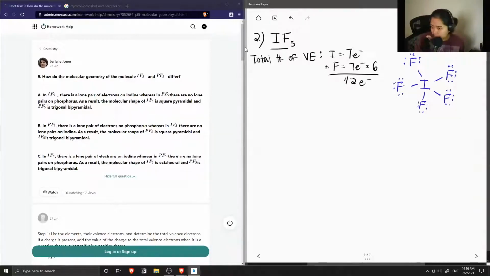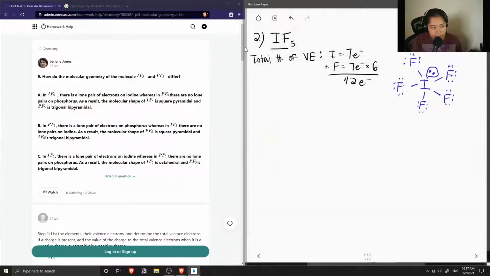Okay, so if we count out how many electrons we have so far, and if we recall that each bond contains 2 bonding electrons, then we only have 40 electrons out of the 42. So I need to draw an additional pair of electrons on our iodine to give us the final Lewis structure.